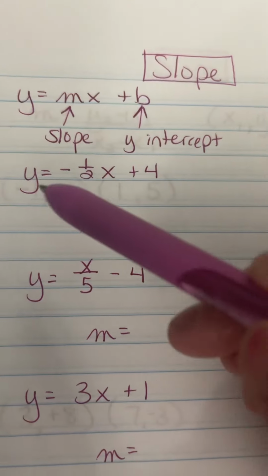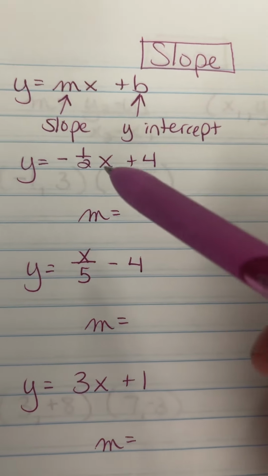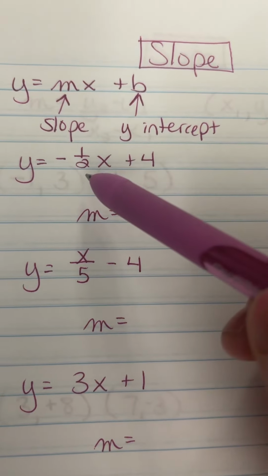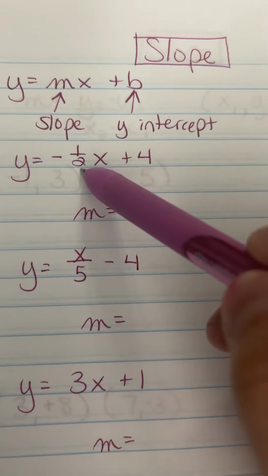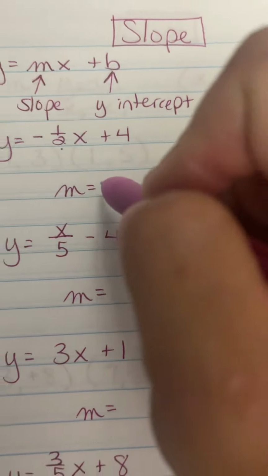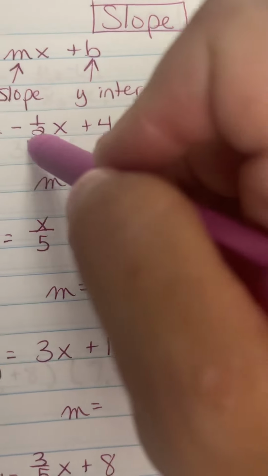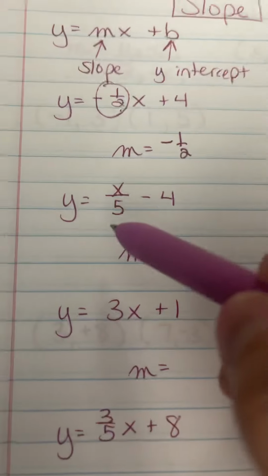So the first example here, we have y equals -1/2 x plus 4. We're looking for slope. -1/2 is the slope of this equation. You have to find out where it is and just identify it. So in this case, the slope is -1/2. This is our m right here. The next problem, look at our format.